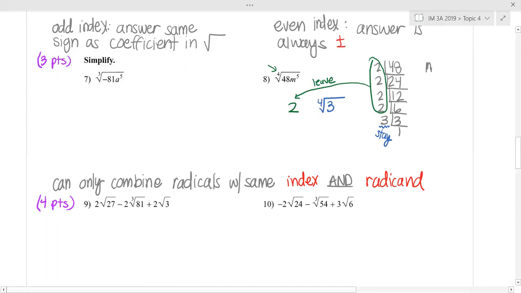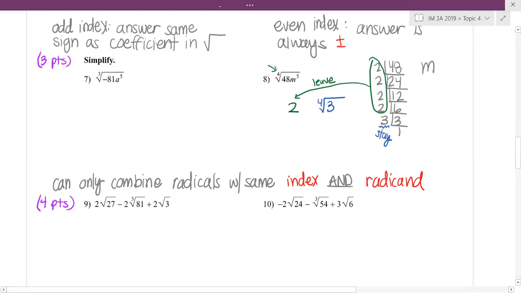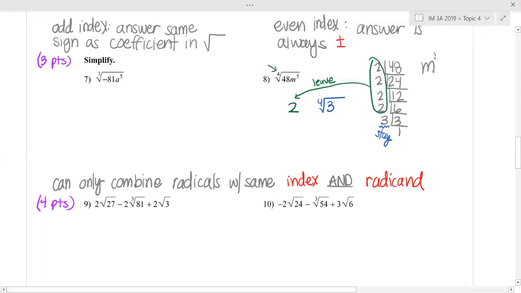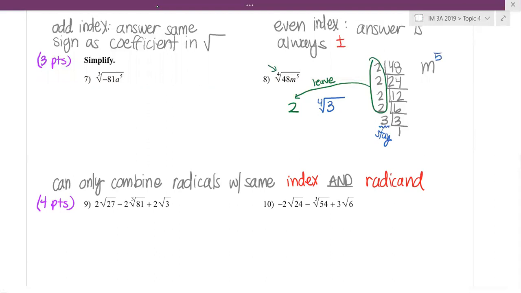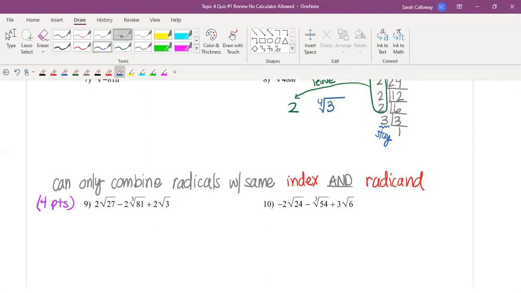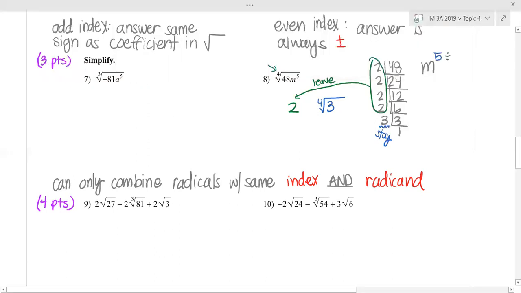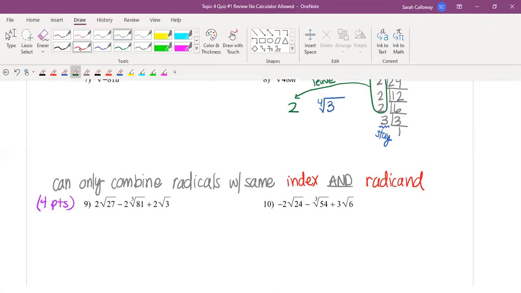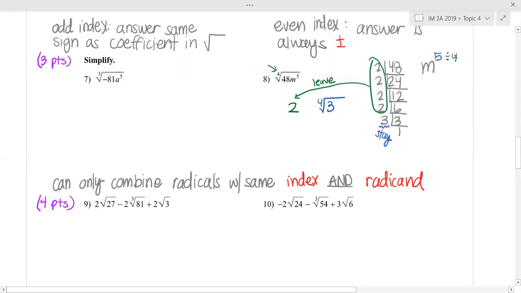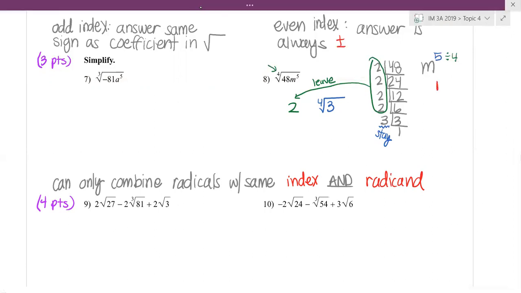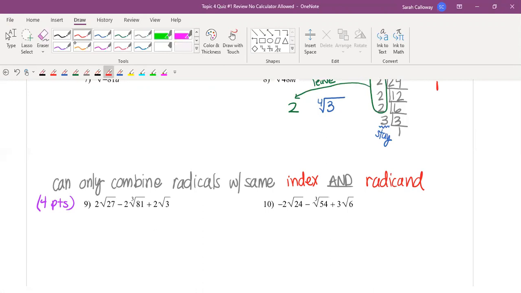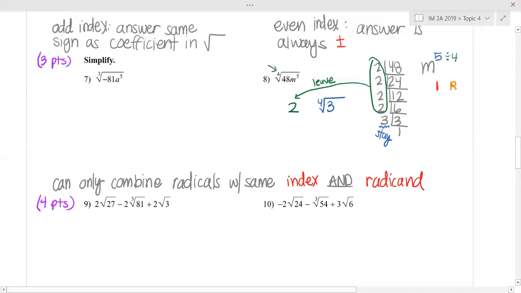let me rewrite that m. I'm taking the exponent on m, which is 5, and I'm dividing that by the 4. So rather than looking for a group of 4, a shortcut with division with exponents is dividing. If I divide just my power, 5 divided by 4, 4 goes into 5 once, and it leaves us with a remainder of 1.